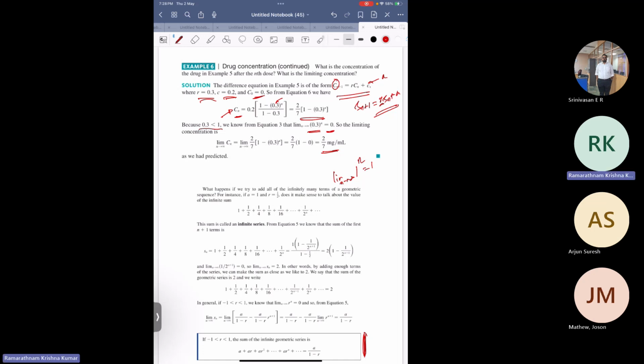So Cn will become 0. Oh, you are telling Cn to be 0, is it? Yes, sir. I'm talking about limit, this number. But if it goes above 1, then you will keep on multiplying. Clear? Yes, sir.